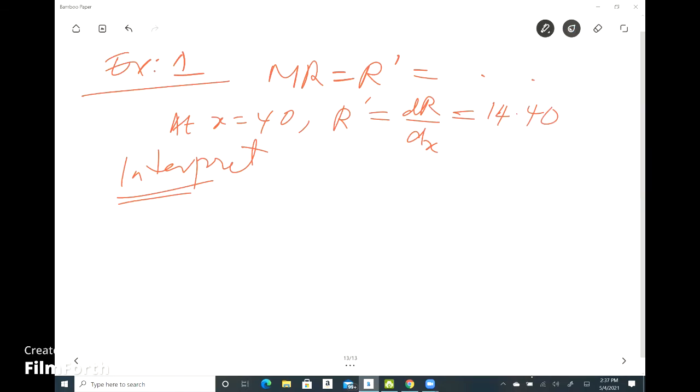Okay, I want everybody to write down the interpretation in terms of the unit of the x and what the interpretation is. Okay, go ahead, do it now. I give you 2 minutes. I want everybody to write down and then you read what you have.